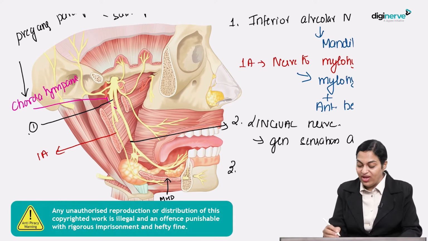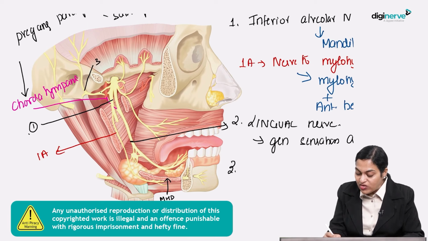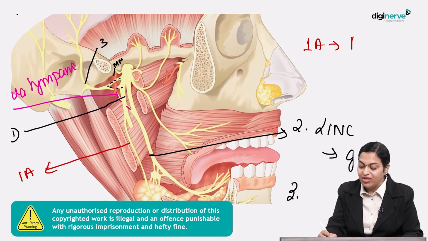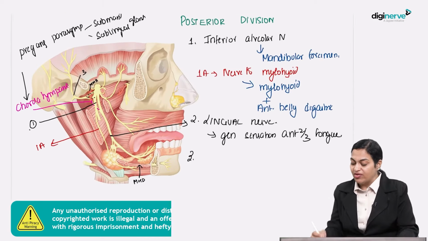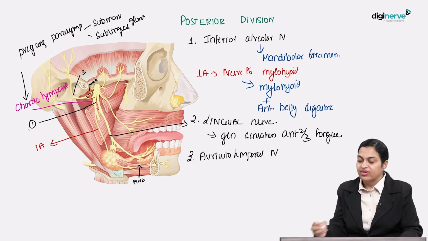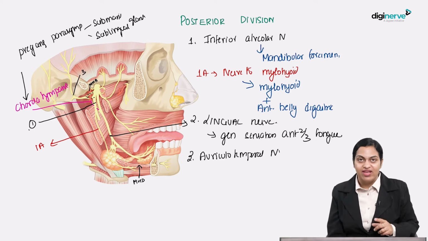And the third one is this branch that you see here, arising as 2 roots and enclosing the middle meningeal artery between its 2 roots. Yes, you're right. It's the auriculotemporal nerve. Right? So, of course, it supplies the temple, the forehead, by the graying of the hair scalps.